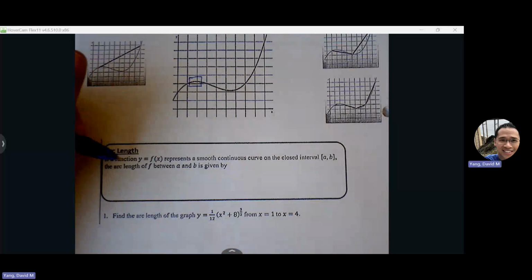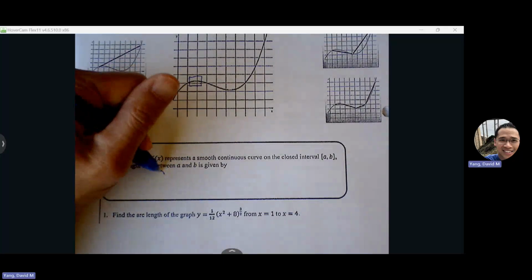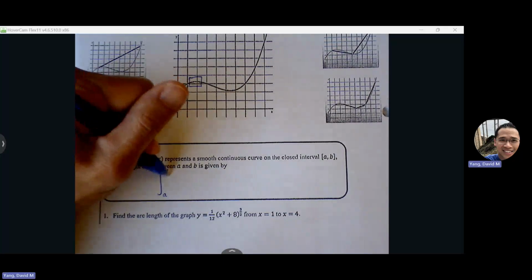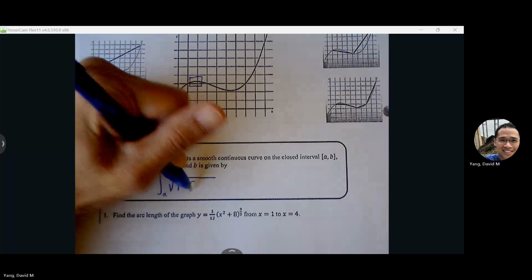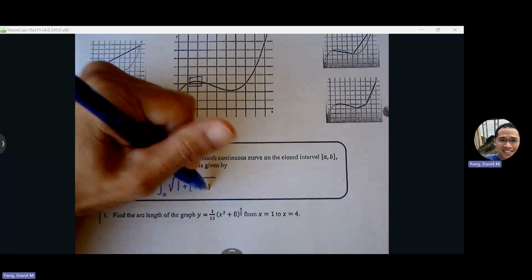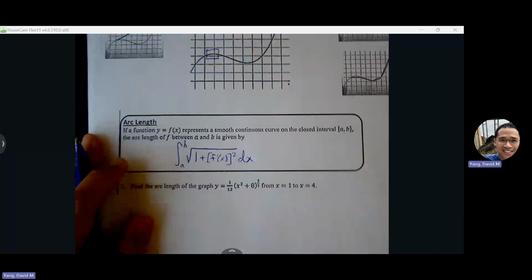So if a function y equals f of x represents a smooth continuous curve on the closed interval, then the arc length of the curve between a and b is given by this formula: the integral from a to b of the square root of 1 plus f prime of x, quantity squared, dx.